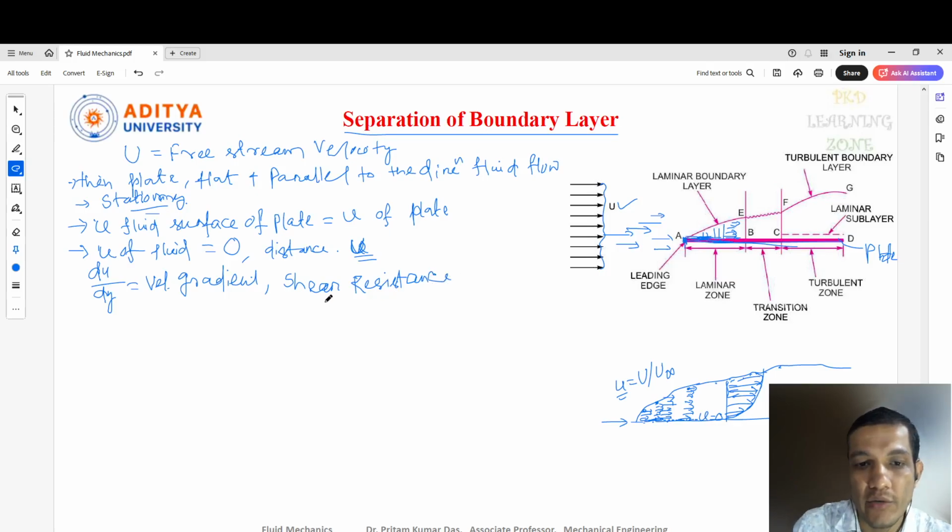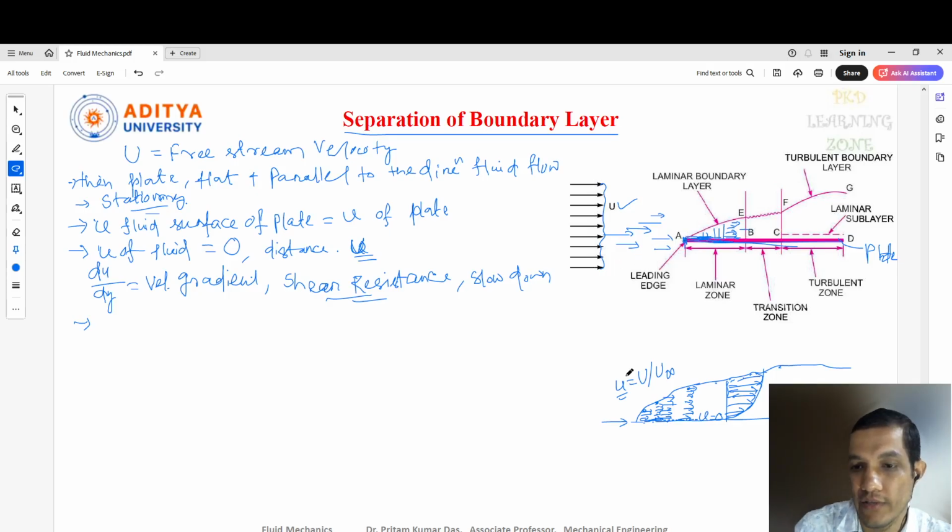So due to this shear resistance, the fluid flow starts to slow down. Now, the fluid which has the uniform velocity, or free stream velocity U, is also going to be slowed down over the area nearer to the plate.